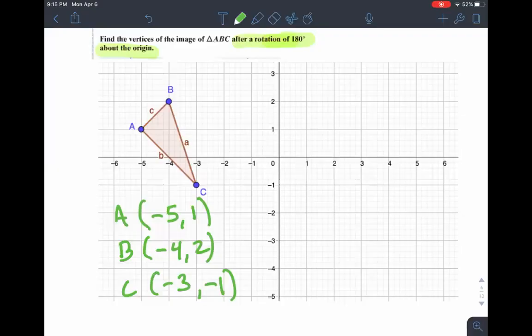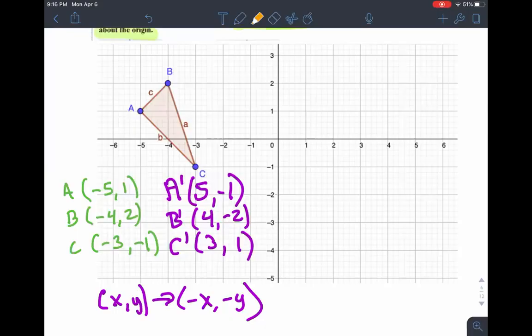So first, we write down the original points. A would be negative 5 comma 1, B would be negative 4 comma 2, and C would be negative 3 comma negative 1. Once we have that, we just have to apply the transformation. If you look back at the arrow notation that we came up with, it should be pretty easy to figure out.